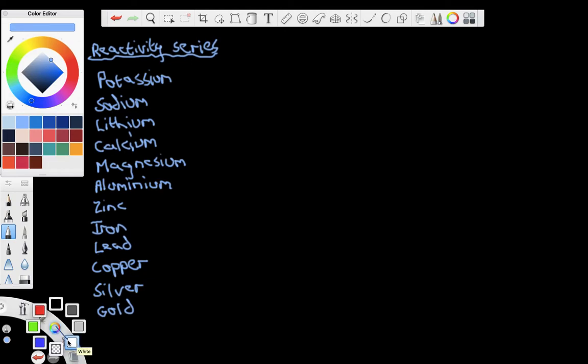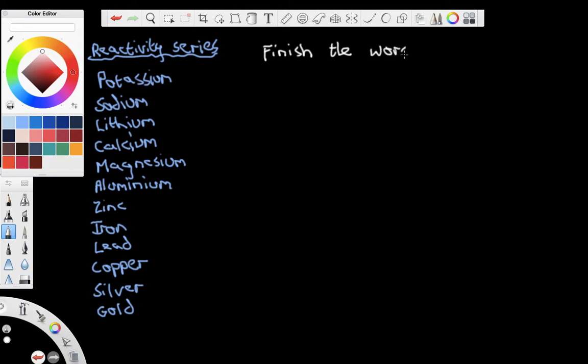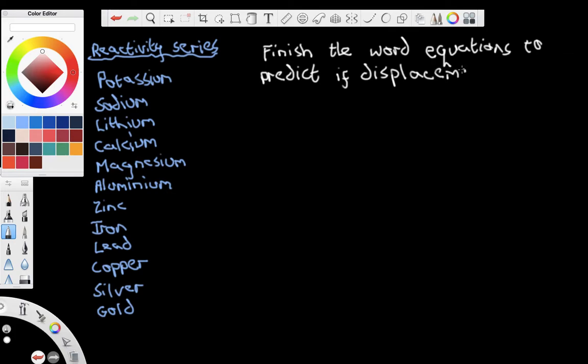So I would like you please to have a go at finishing these word equations to predict if displacement takes place. Okay, so the first one we're going to do is potassium plus calcium oxide.